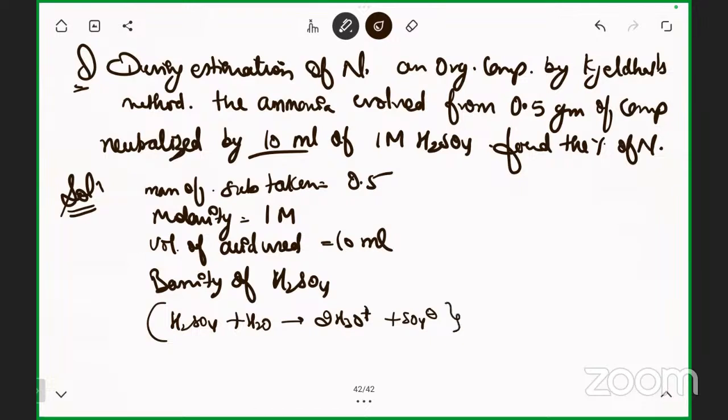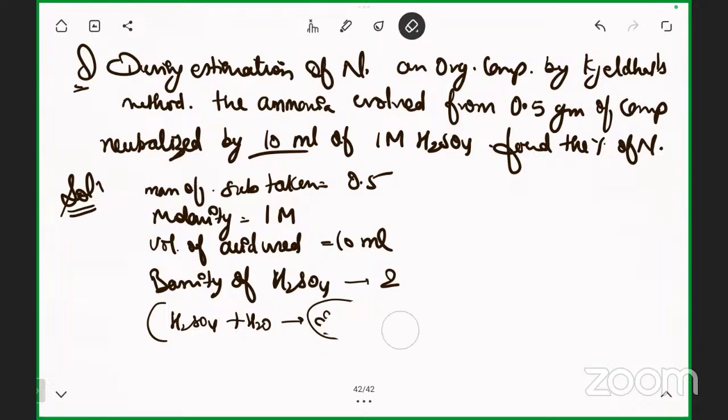So just because 2 molecules of H3O positive are given, the basicity of the compound is 2. If I'm talking about HCl, it only gives out 1 H3O positive, it means 1 hydronium ion is furnished, so the basicity is 1. 2 hydronium ions, basicity is 2. H3PO4 has 3 hydrogens, so 3 hydronium ions will form, and the basicity will be 3.